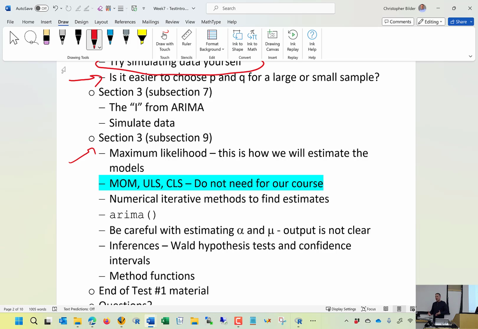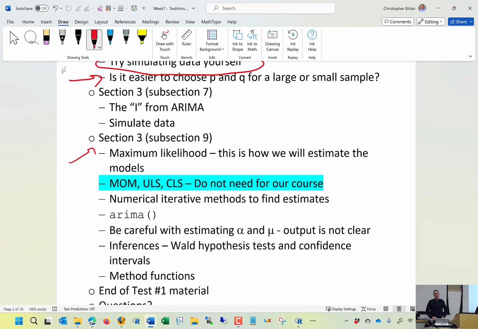In terms of what you would learn in Stat 883 or Stat 880, you learned how to derive maximum likelihood estimates in a closed form situation. We can't do that here. Instead, we have to use numerical iterative methods to find what these estimates are. And to do that, you need to come up with a starting spot, like an initial phi1 or initial theta1, so you can put it into your estimation routine.